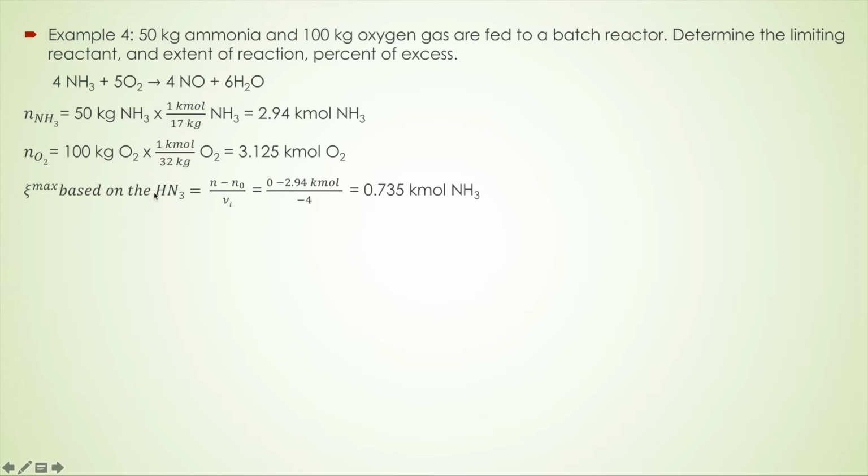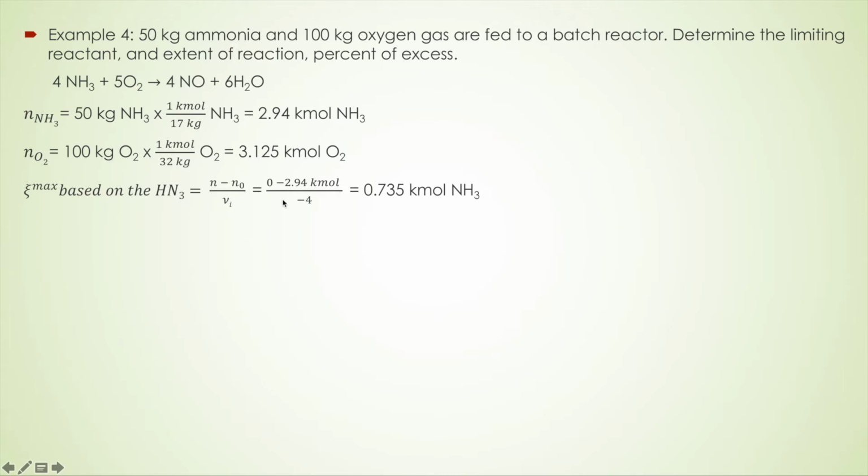The maximum extent of reaction based on ammonia uses the mole number in the output stream. In this case, let's assume there's no ammonia in the output stream. Let's say the reaction goes to completion. Then the final mole number for ammonia is 0 minus 2.94 kilomole, which is what we found for the fresh feed ammonia.